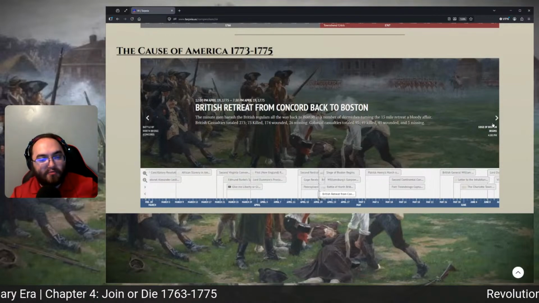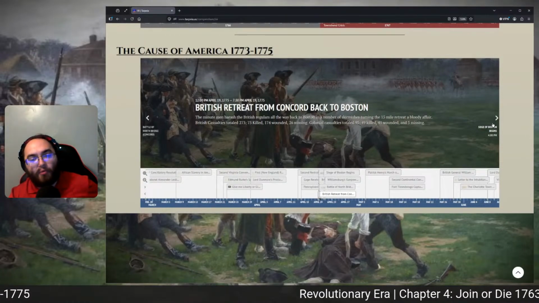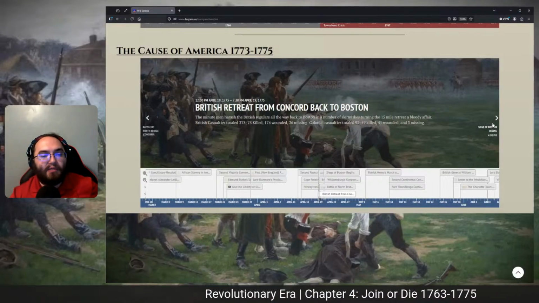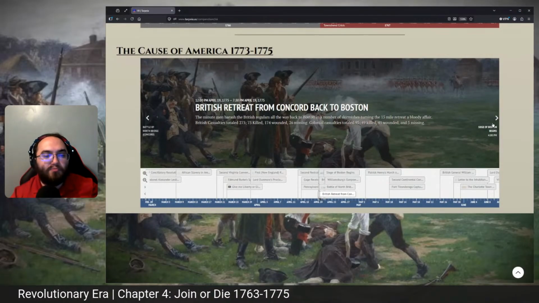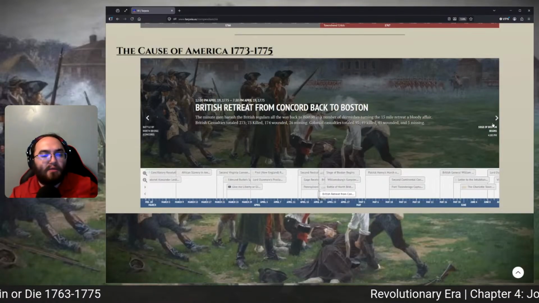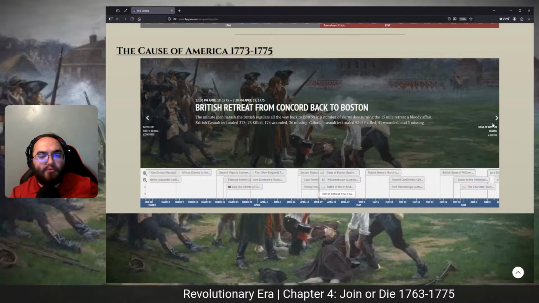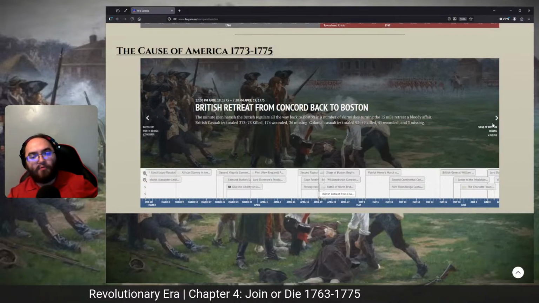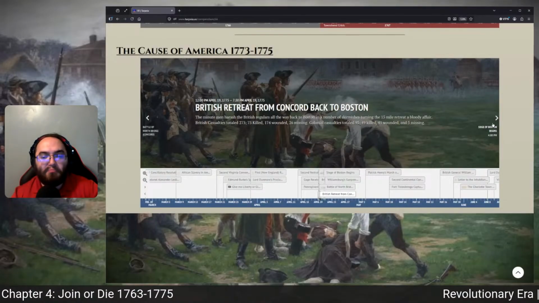The British retreat from Concord starting at noon, and they go back to Boston in 7.5 hours, from noon to 7:30 p.m. local time. The Minutemen harass the British regulars all the way back to Boston in a number of skirmishes, turning the 15-mile retreat into a bloody affair.